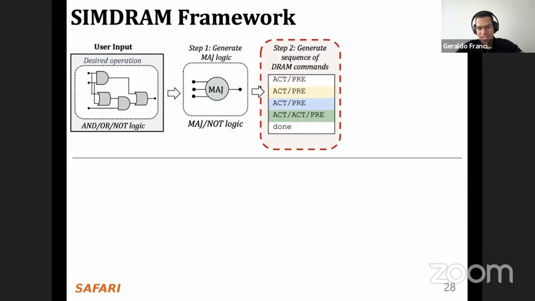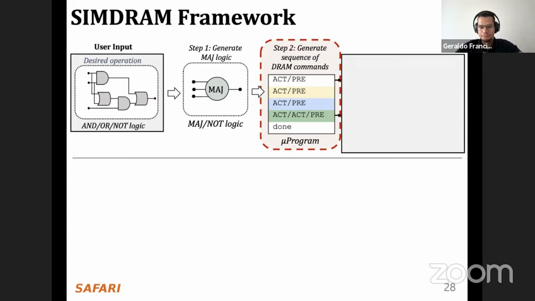And then in the second step, we are going to take this majority representation of the operation, and we are going to generate the sequence of DRAM commands, activate and precharge commands, in order to implement that operation in DRAM. And we're also going to perform some optimizations on top of the generated sequence of DRAM commands to improve the performance of that particular operation when it's executed in DRAM.